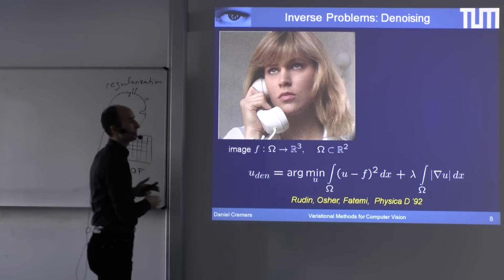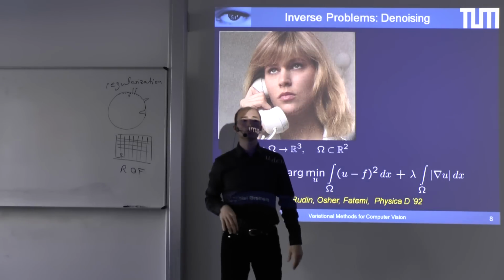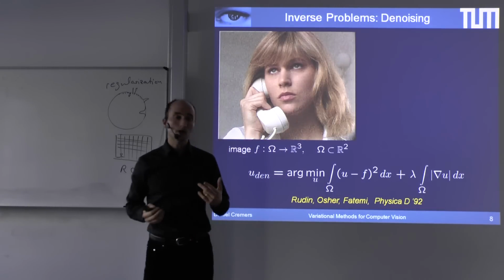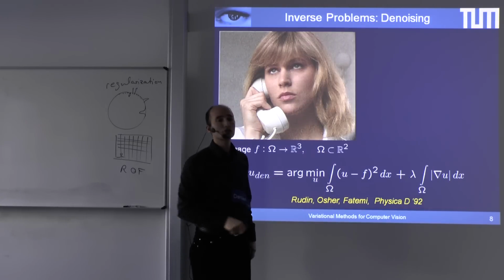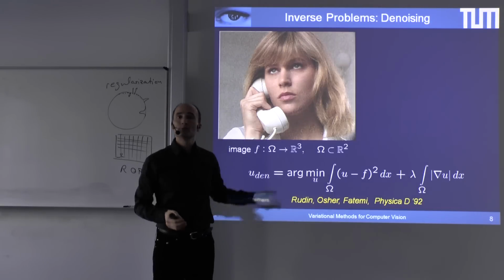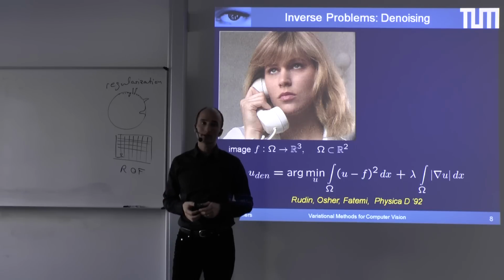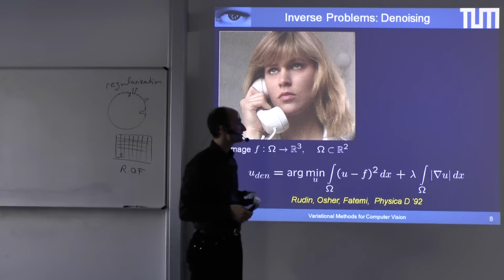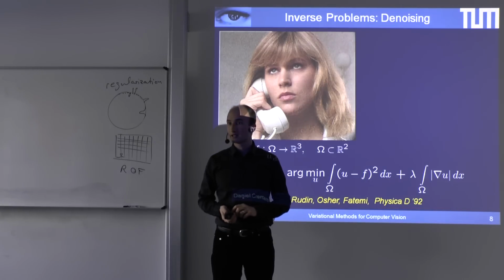And that term basically tells us what functions u do we prefer among all conceivable functions without looking at the data. We want a function that is denoised. It should be similar to the input, but it should not contain as much noise. The key challenge, and this is an open problem in some sense, and a problem of endless research, is how do we know what the noise is and what the signal is?